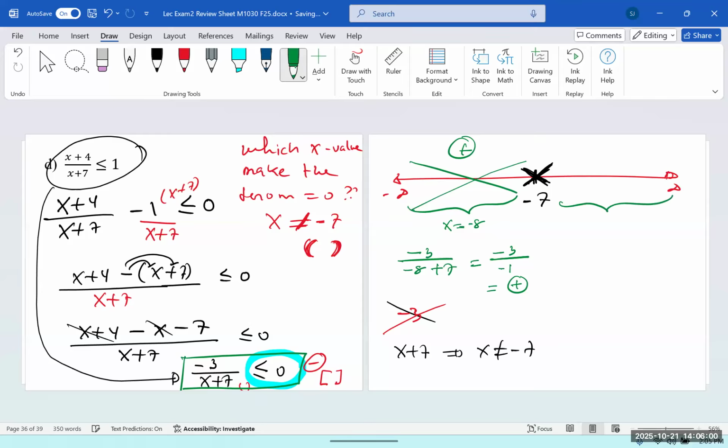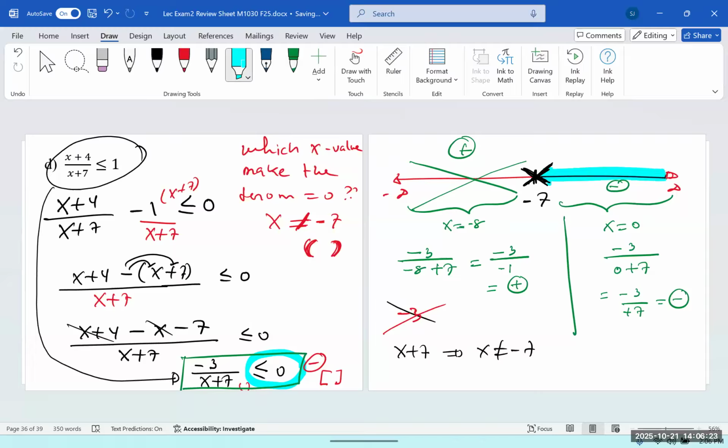And then just in case, you can check the other one. 0 is bigger than negative 7. So let's pick 0. We have negative 3 over 0 plus 7, which is negative 3 over positive 7, which is negative, right? And we are looking for negative. The solution is here, the second interval.